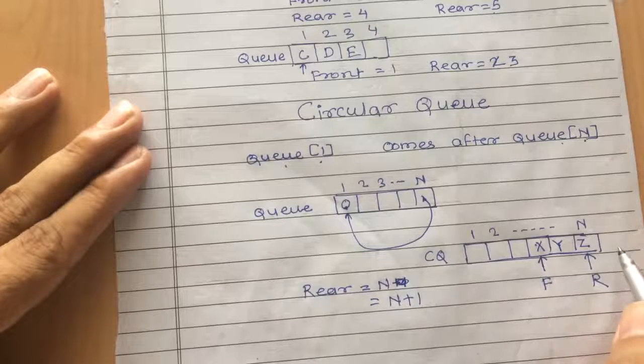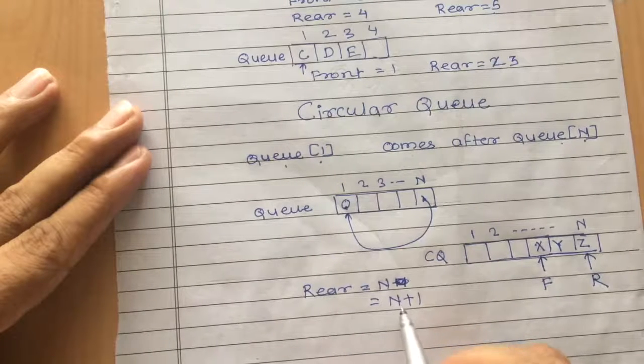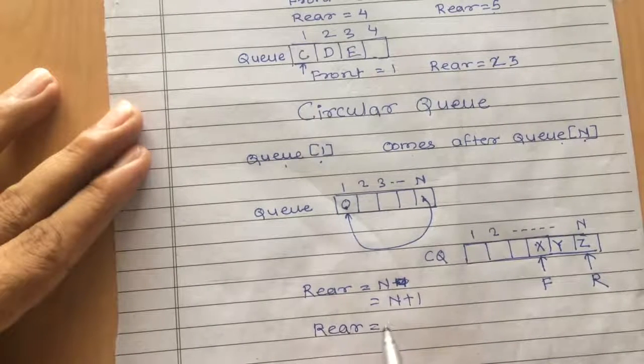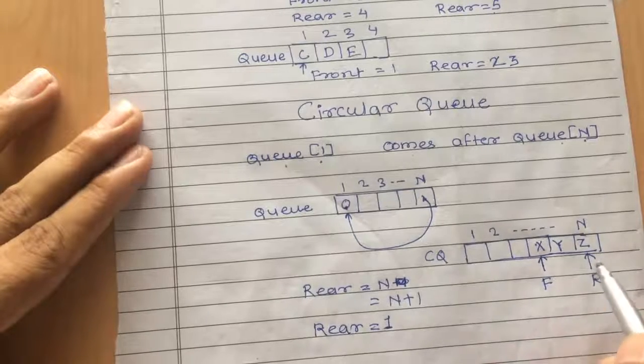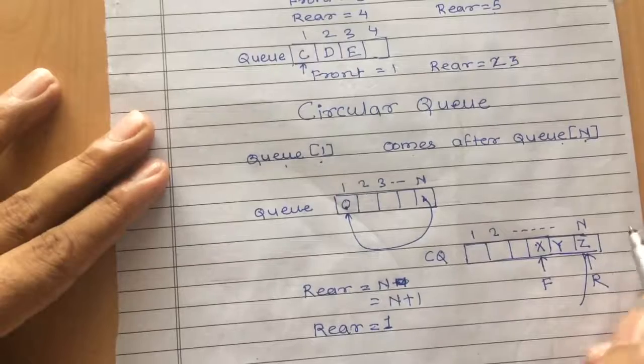So in case of circular queue, instead of increasing the value of rear to n plus 1, we are simply resetting rear to the first location. We are not going beyond this n plus 1.